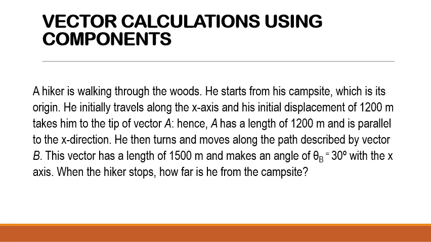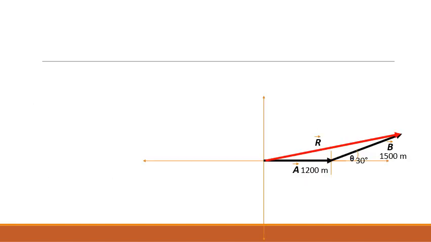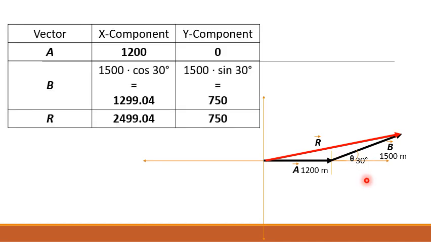We will represent this through a diagram: vector A, vector B, and this is the resultant vector. Vector B is forming 30 degrees from the positive x-axis. Now, how do we solve for the resultant of each component? Let's get the x component, or horizontal. X represents horizontal, y represents the vertical component.